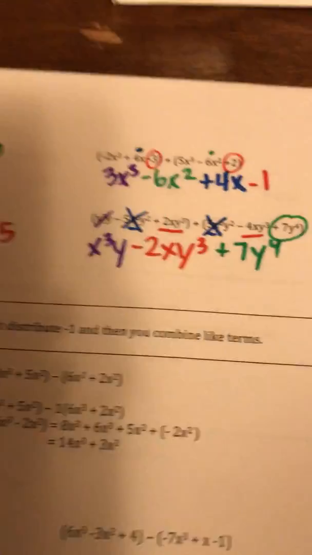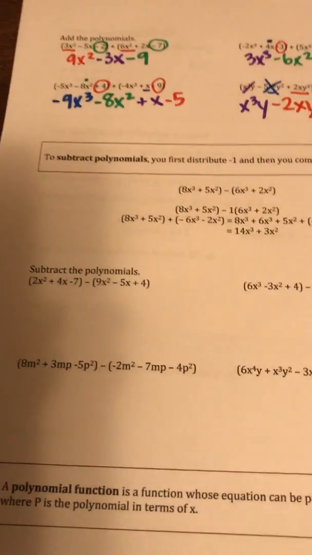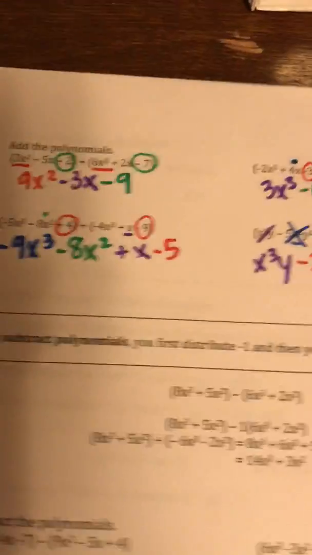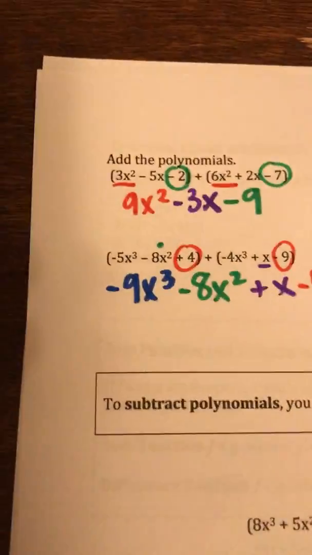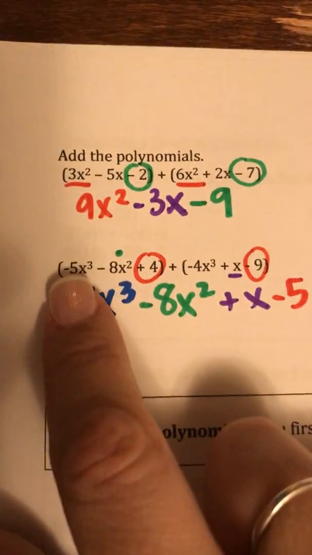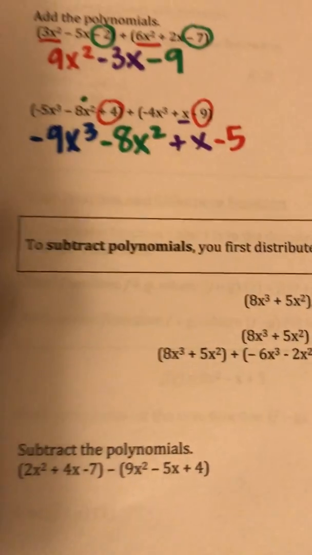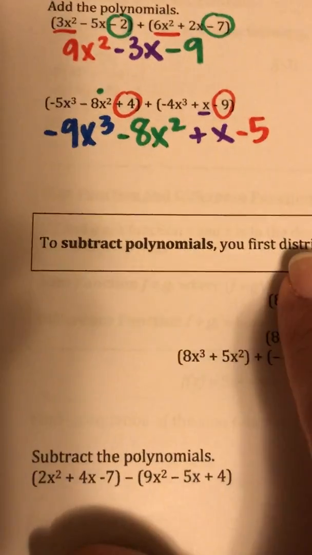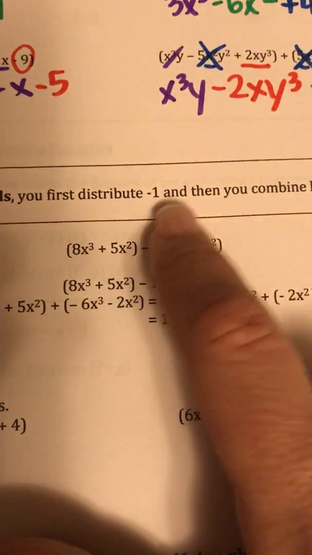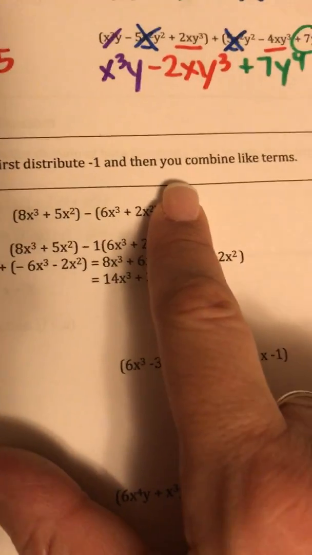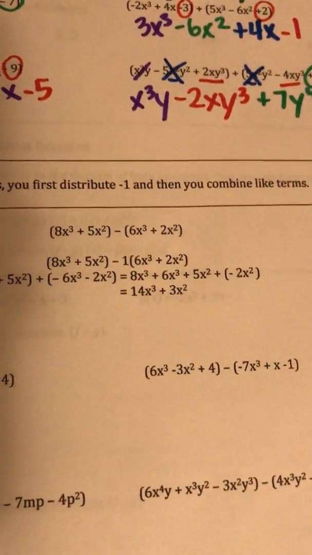Excellent. Now that's addition. So basically with addition, all you have to do is combine the like terms across. Now, with subtraction, if you want to subtract polynomials, first you distribute a negative 1, and then you can combine like terms just like you did before.